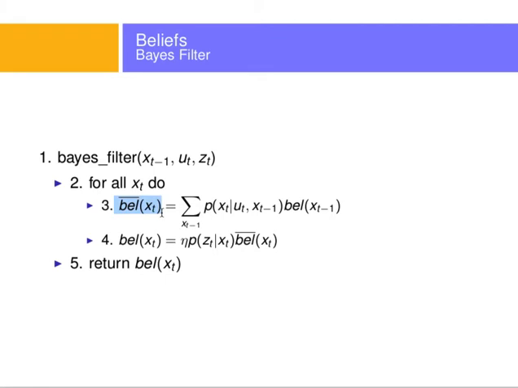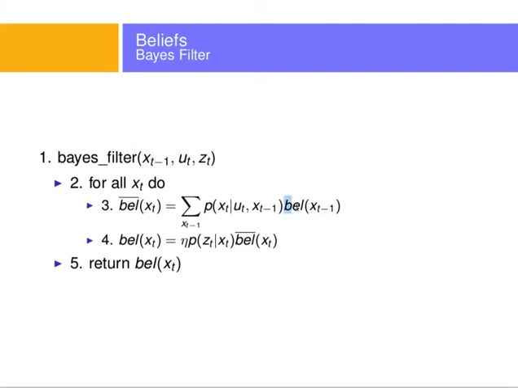The belief without sensors of xt, so if I'm in a state and I took an action, the belief for my next state is going to be the summation of the probability of that state given the action that was inputted here and given the state before that, times the belief at xt minus 1.